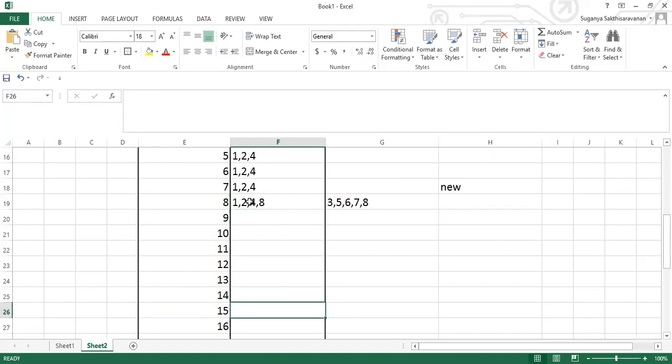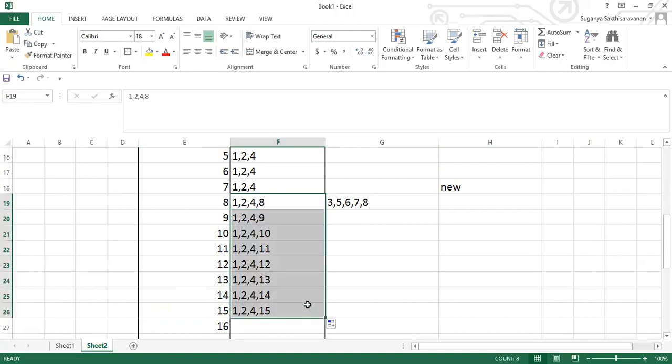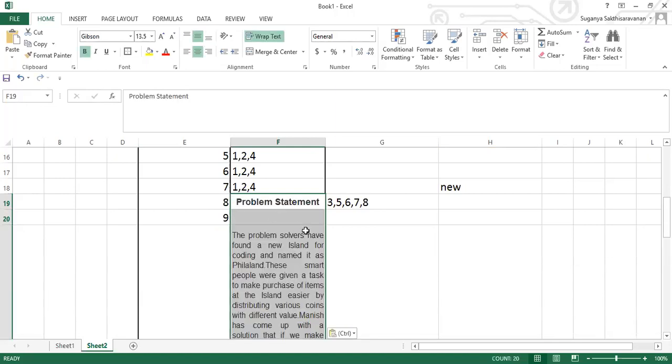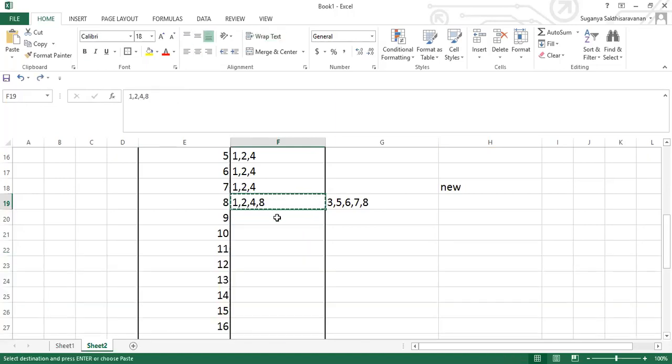Till this, these coins are sufficient. Starting from here till 15, these coins themselves are sufficient. It is not required to add a new coin. Till 15 it is fine. Only for 16 you're supposed to add one.